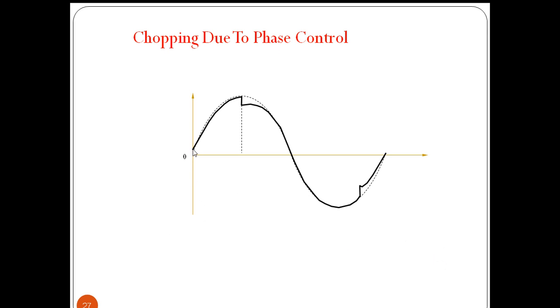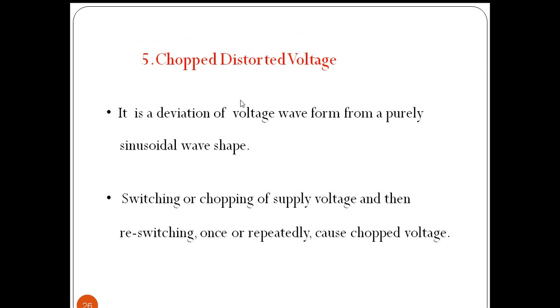The pure sinusoidal waveform is distorted by continuously switching components on and off at the load end. Those are causing the distortions in the waveform in the form of chopped distorted voltage, due to reswitching once or repeatedly.